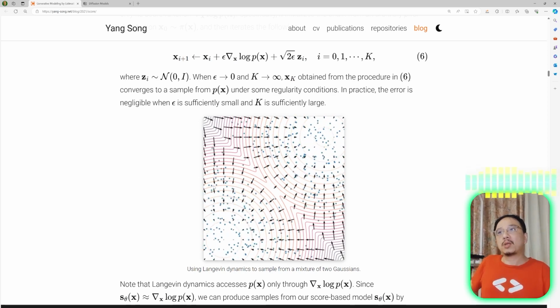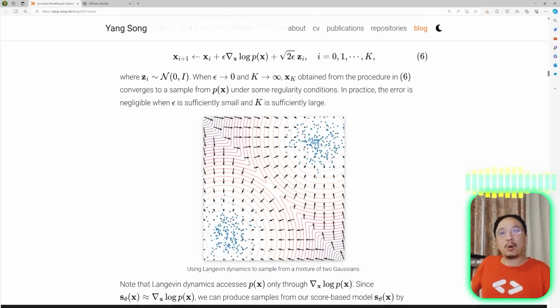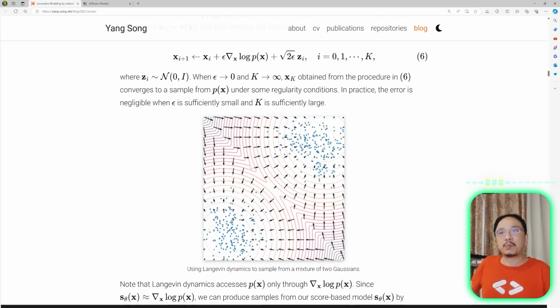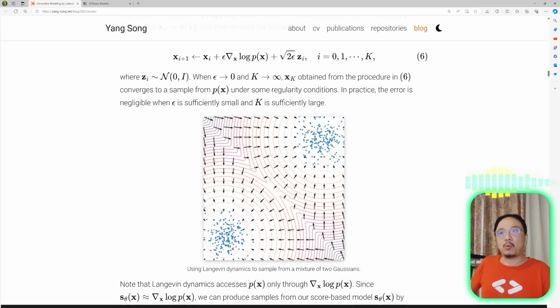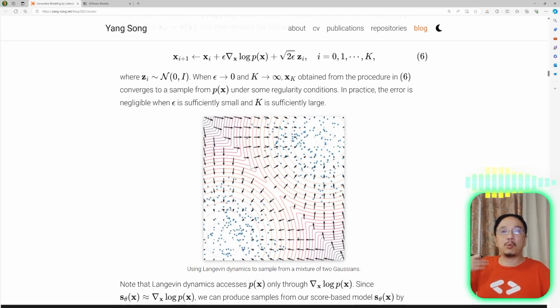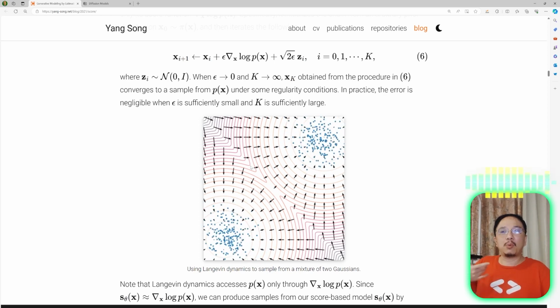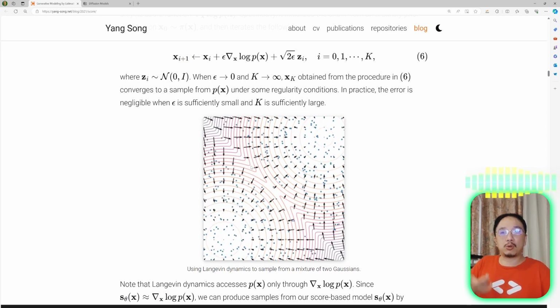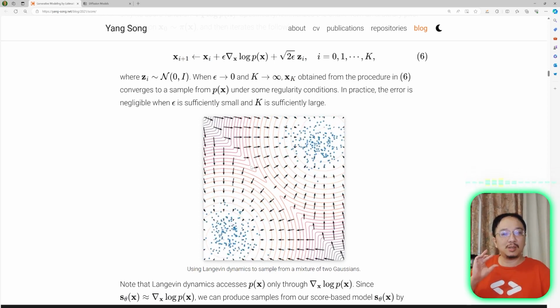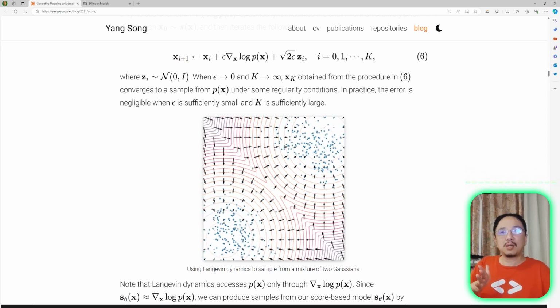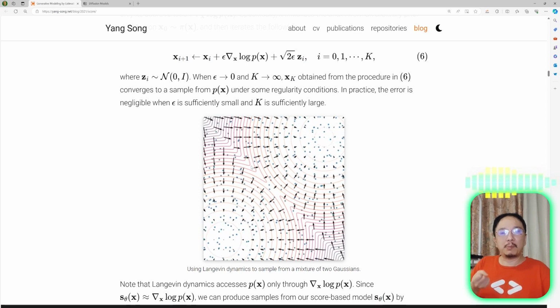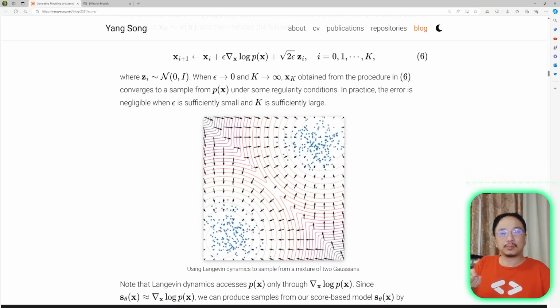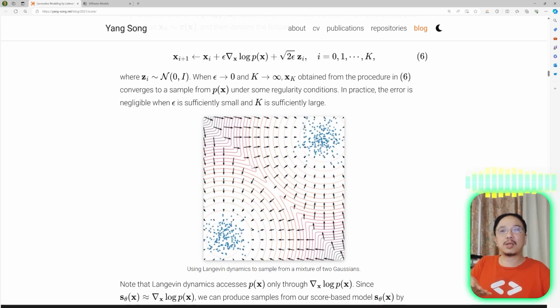So we can start from any point in the space, and in each iteration, we move our sample towards somewhere more likely to be drawn, because we know the gradient of the distribution itself.